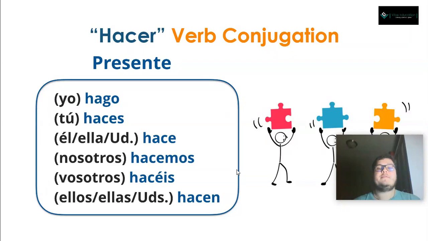Now we have the conjugation, and this is the present indicative. So the first one says yo hago. So the next one, tú haces. The next one, él, ella, usted hace.